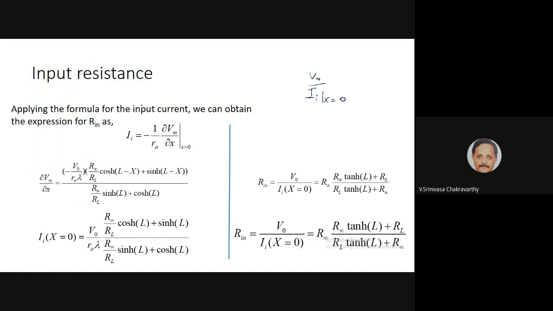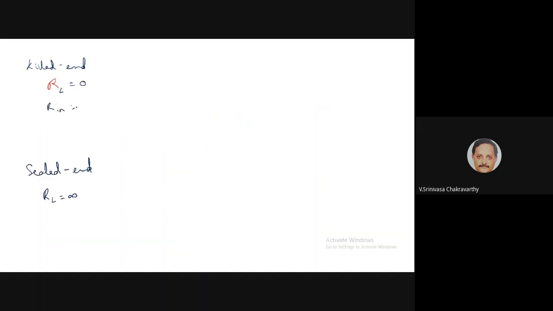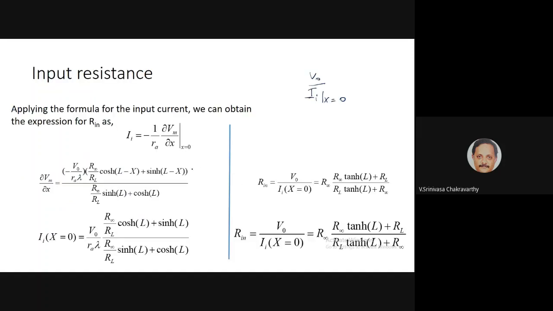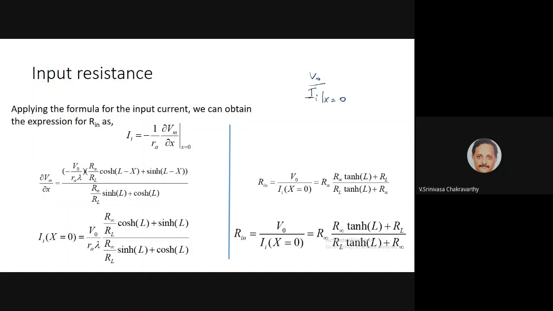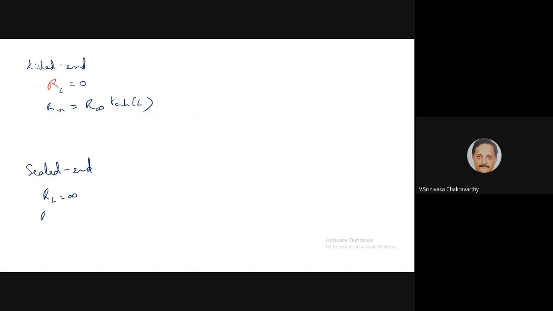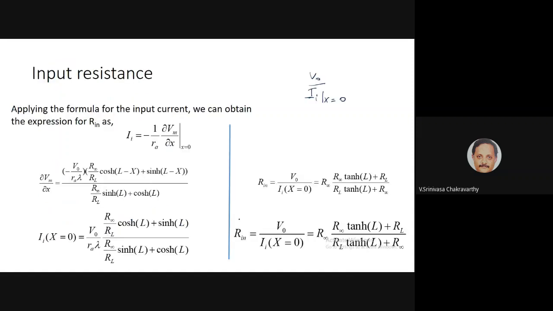RL equal to 0 is straightforward: you just get Rin equal to R infinity times tanh L. For RL equal to infinity, you divide the numerator and denominator by RL, and then you get R infinity by tanh L, which is R infinity times coth L. So the previous two cases come as special cases of this more general case.